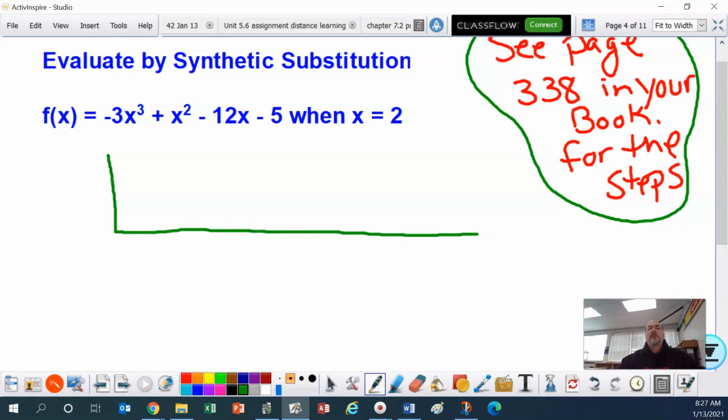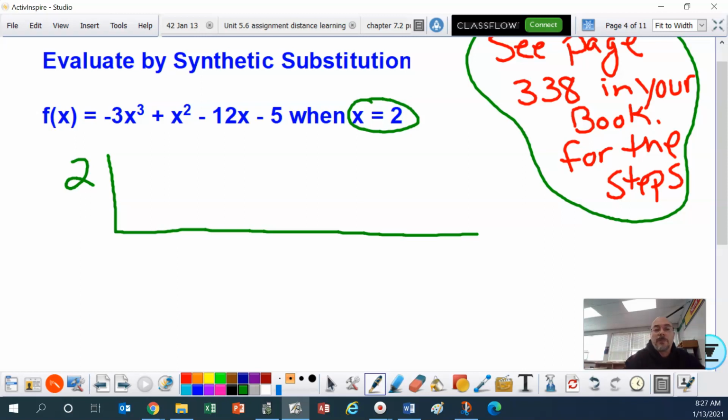So what we're going to do here is put the x value 2 in the front, on the left side. Then I'm only going to write the coefficients that are in front of each variable and then the constant.